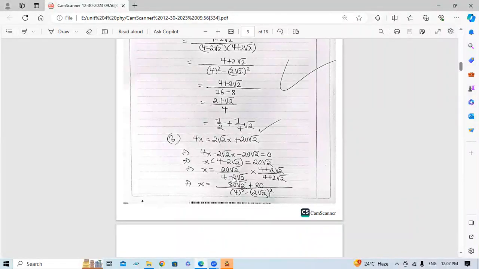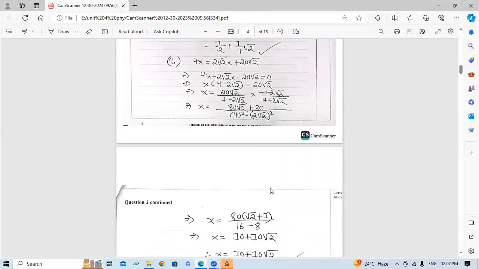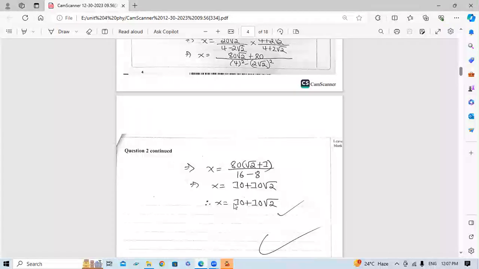So we can just multiply here by 4 plus 2 root 2 over 4 plus 2 root 2, and (a minus b)(a plus b) equals a squared minus b squared. That gives 80 root 2 plus 80 over 8, and the x value would be 10 plus 10 root 2 in the final state.